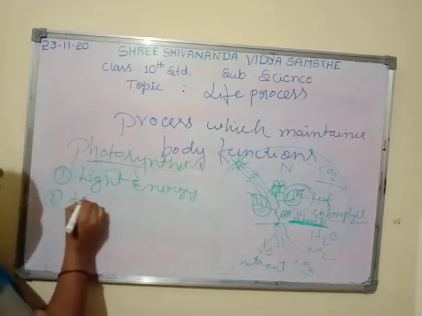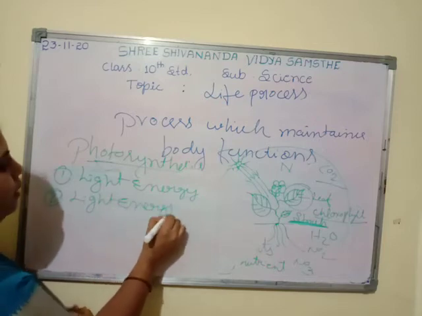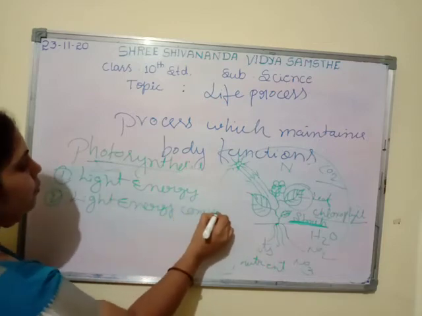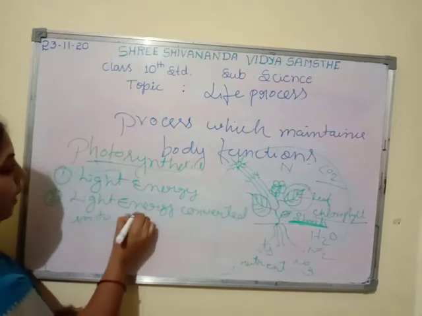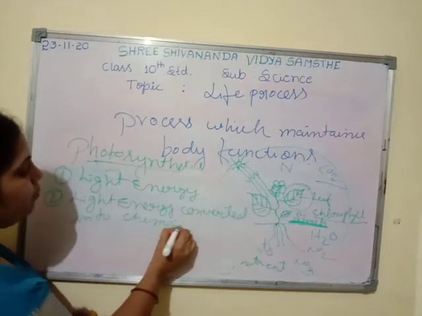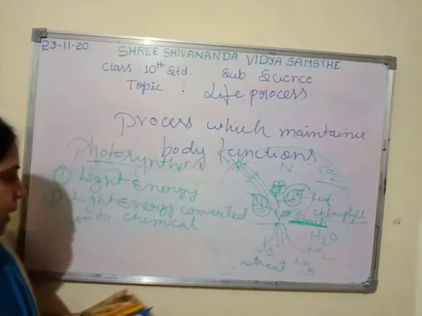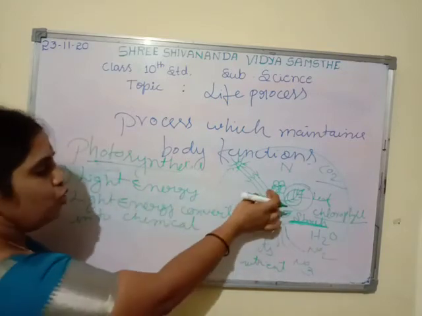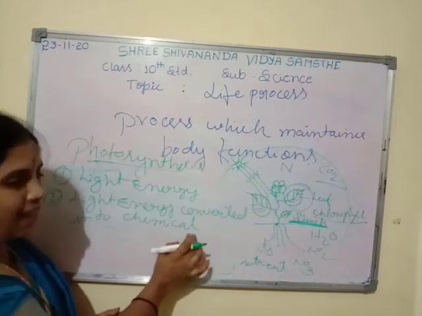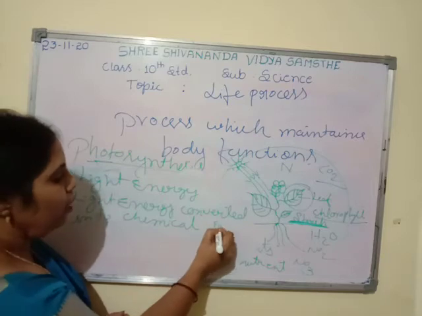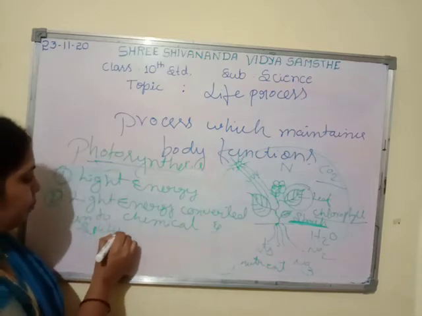Second point: light energy is converted into chemical energy. This is a very important point. After absorbing light energy and converting it into chemical energy, there is also the splitting of the water molecule into hydrogen and oxygen.